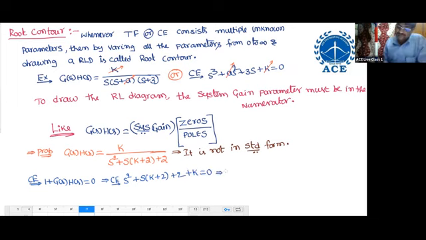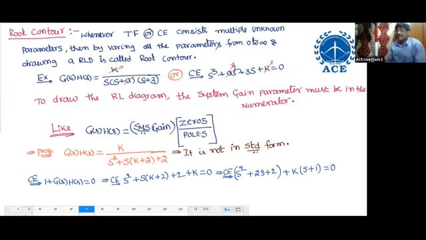Then expand this and take the K terms separately. So S square plus 2S plus 2 is one term, the terms other than K. Next take the K terms: KS and K. So K times S plus 1 equal to 0.